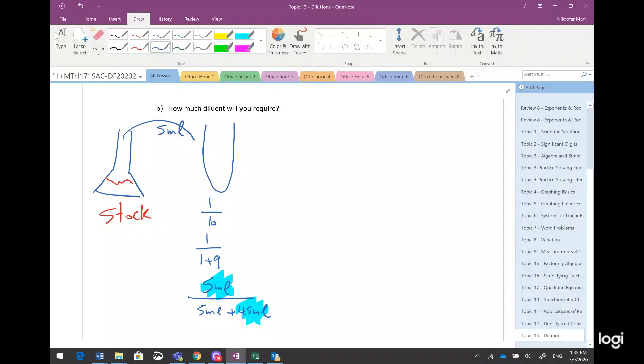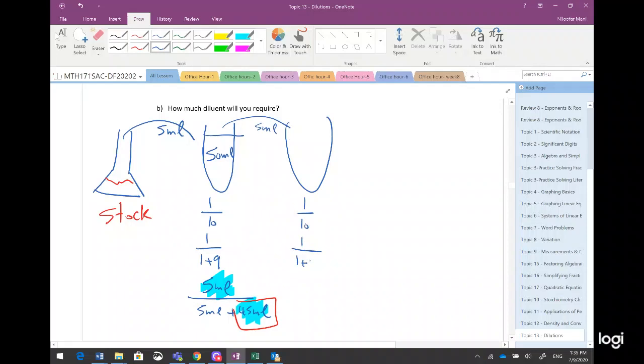If it is X, it's over X plus 9X. If it is Y, it's over Y plus 9Y. We can keep this in mind for the first time. The next time, again you use another 5 milliliters, and again you have 1 over 10.